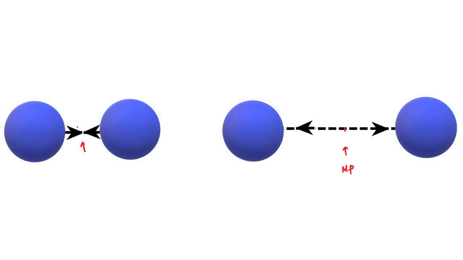This is the mean position and these are the extreme points, the negative extreme point, let's say on the left hand side, and another extreme point on the other side. So from the mean position they move to these extreme points and again back to the mean position. This is called vibratory motion.